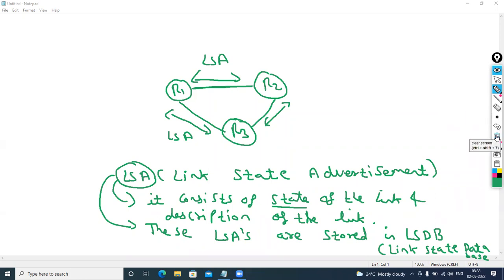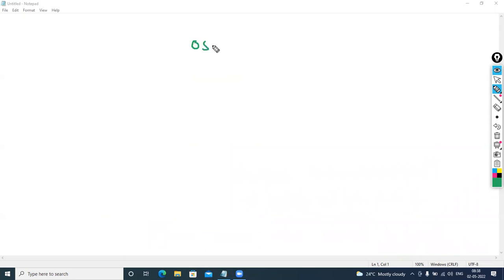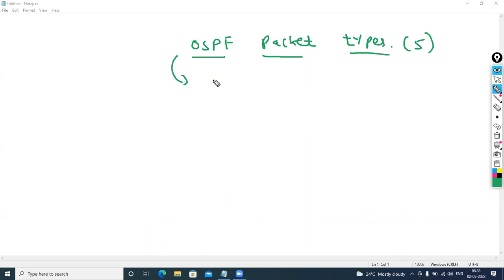Now we'll talk about OSPF message types. We call it OSPF packet types. How many OSPF packet types are there? Five. What are those?